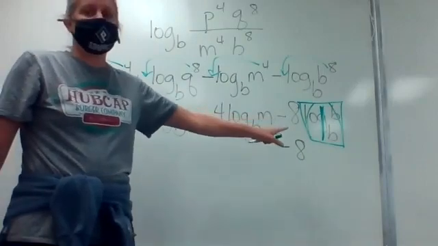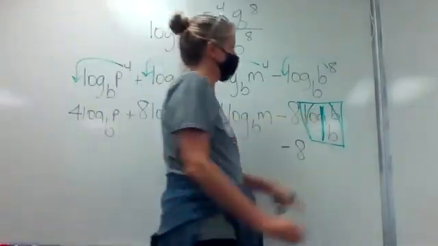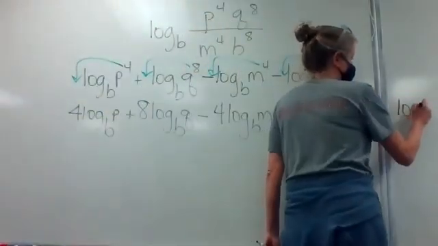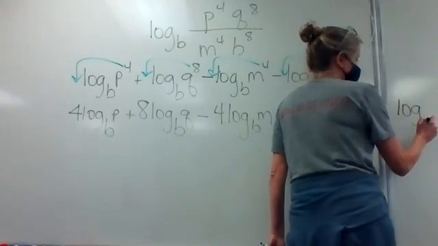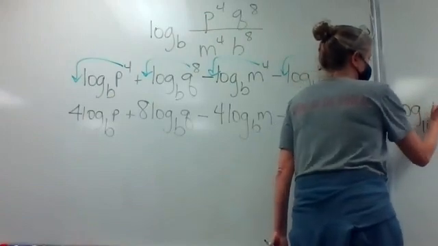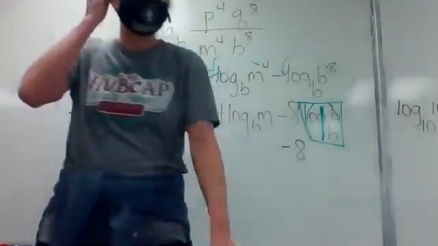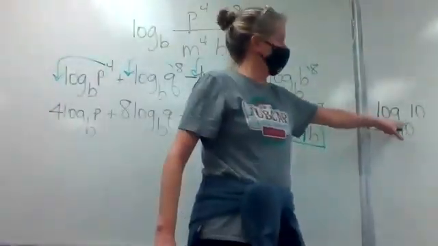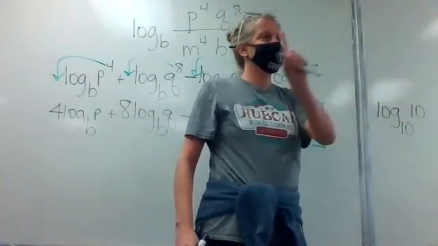So why is that? Why does this cancel out and turn to 1? Let's use a number instead. If those are the same thing, what is that log? What do you have to raise 10 to make it 10? 1.